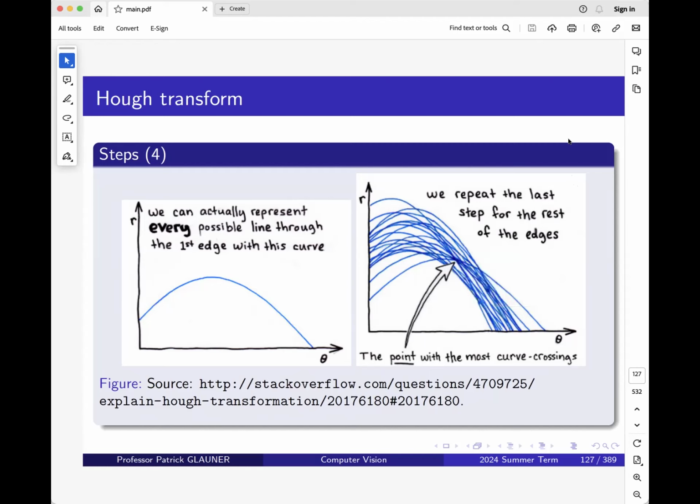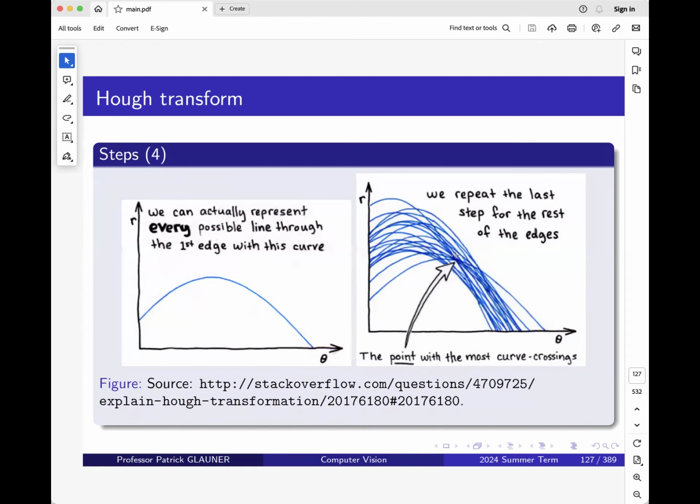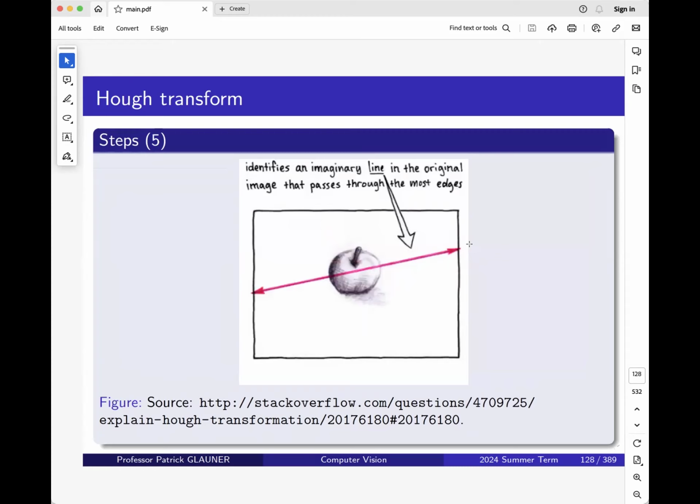And remember, a point in R theta is a straight line in our original space. So I can take that one point where I have the most intersections, and I can try to map this back to my original space. And it actually turns out that this point where I have most intersections in R theta would be that straight line in my original image.